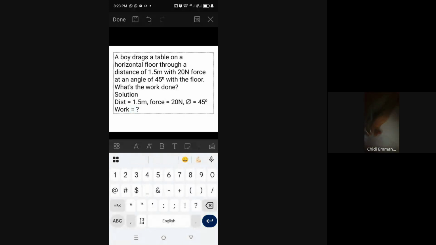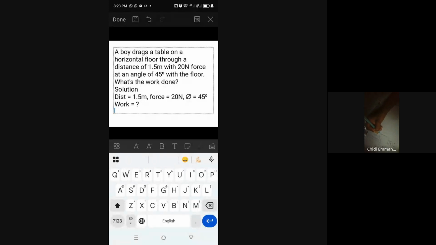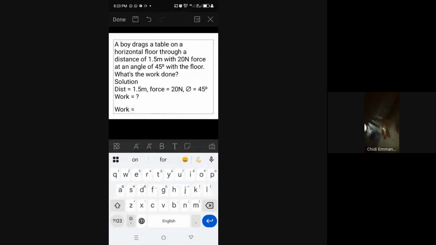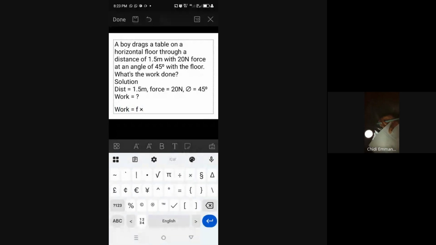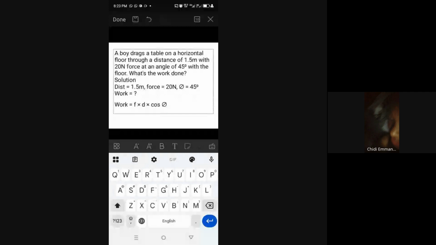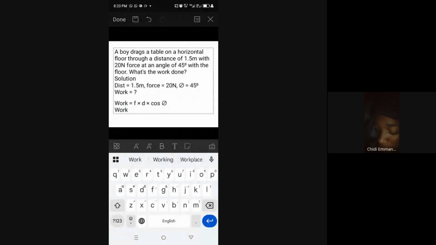So which formula are we going to use? Work is equal to force times distance times cos theta. Yes, correct. Is the angle always cos?